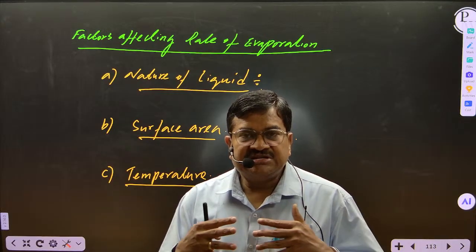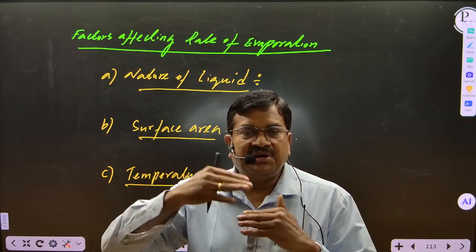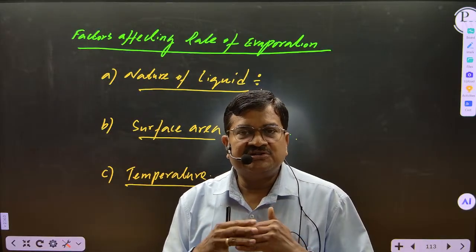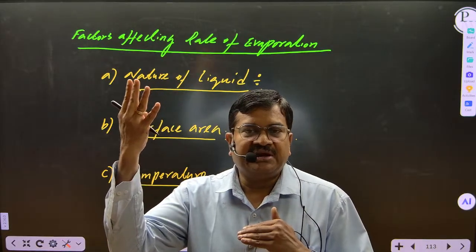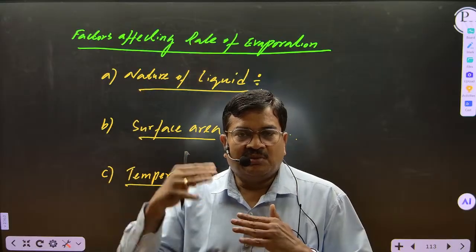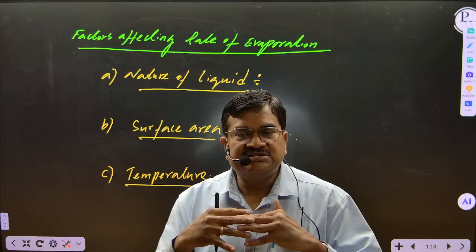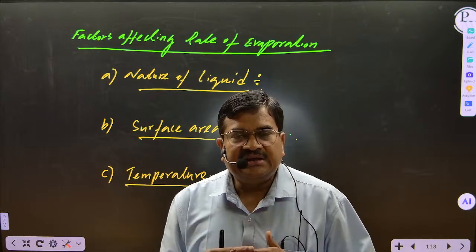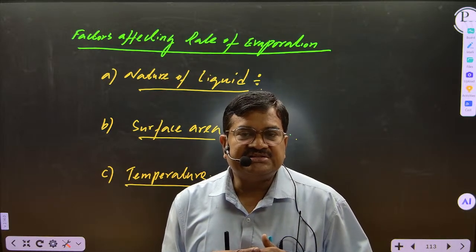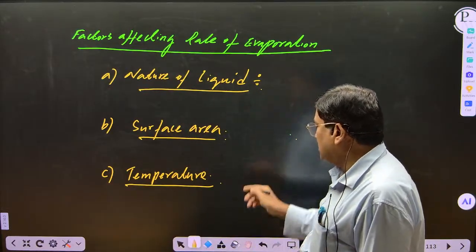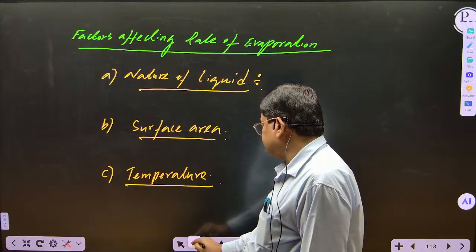If the interactions are more, they cannot transform into vapor, no? So molecules having lesser intermolecular forces will have a higher rate of evaporation. Do you agree? And the molecules having more intermolecular force of attraction, since the molecules are attracted more, their tendency to convert into vapor will be less. Correct?